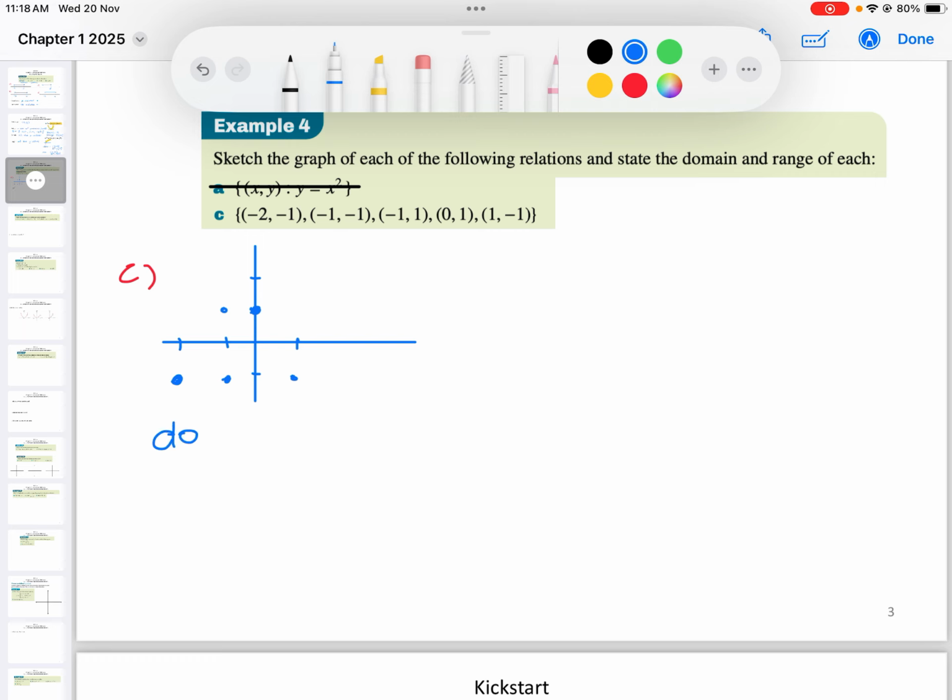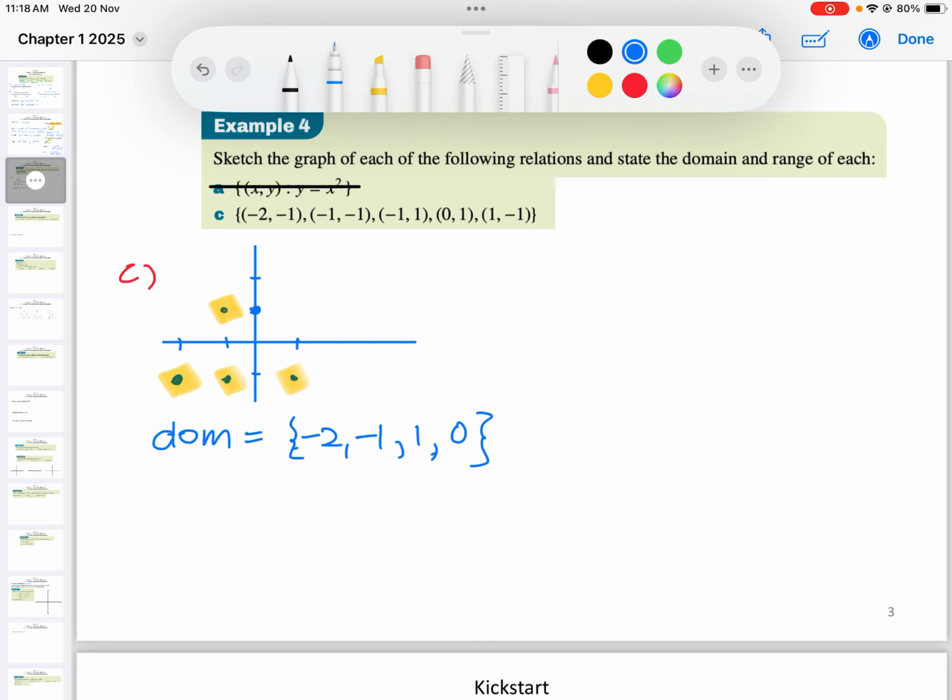So the domain is all the x values, which are -2, -1, and 1. We won't put this twice. Actually, I've forgotten 0, haven't I? So -2, -1, 1, and 0. And this is actually a set of numbers. It's not a coordinate.